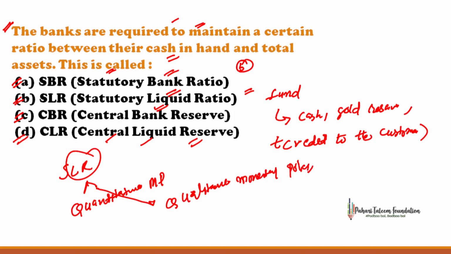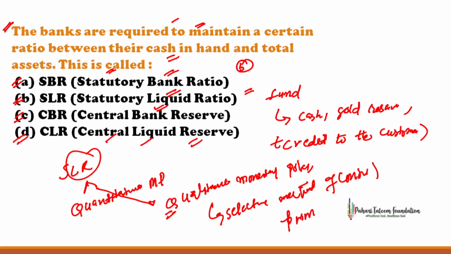So what is the qualitative one? It is the selective method of control, as it restricts credit for a certain section, whereas it expands it for the other. That is known as the priority sector, depending upon the situation.